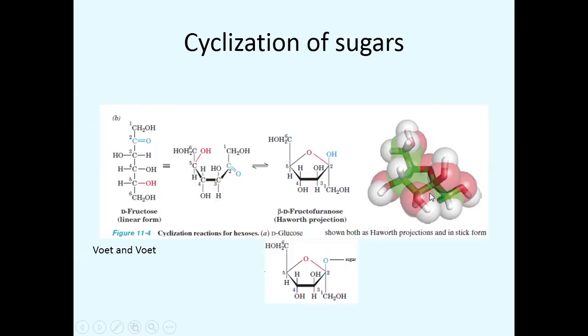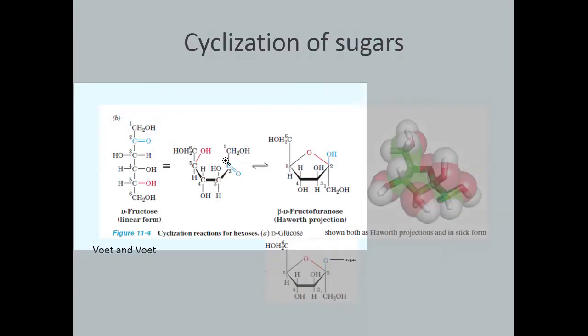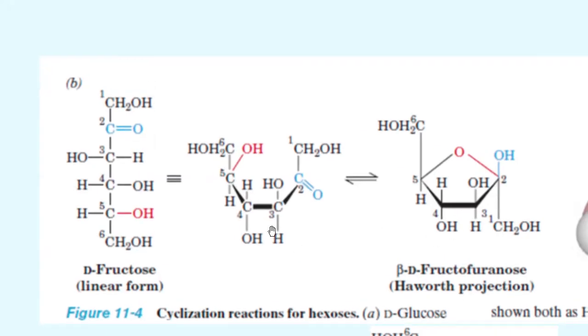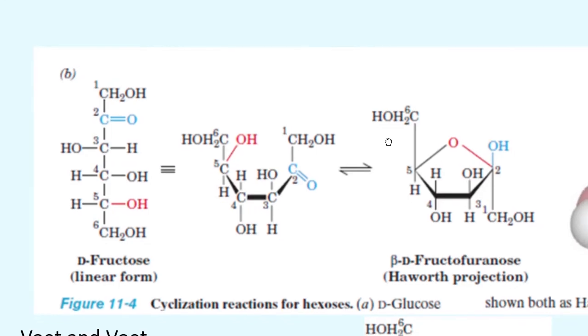The next figure shows cyclization of fructose, which is a ketohexose. Carbon 2 of fructose is a keto group and has bond angles of 120 degrees. All other carbons form single covalent bonds, so bond angles are around 109 degrees. Although we draw the straight chain structure of fructose like this, the geometry based on actual bond angles is like this. The keto group carbon 2 is in the vicinity of the hydroxyl group of carbon 5.